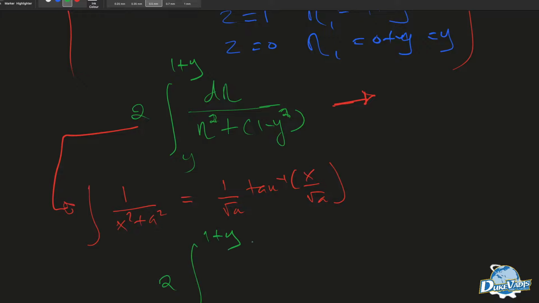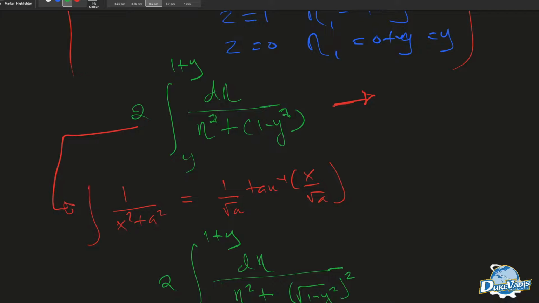From that, we can say that our integral, since we have xi squared over here, is 2 integral 1 plus y, this. Okay, now we have the xi. So we can say dxi over xi squared plus square root of 1 minus y squared all squared.